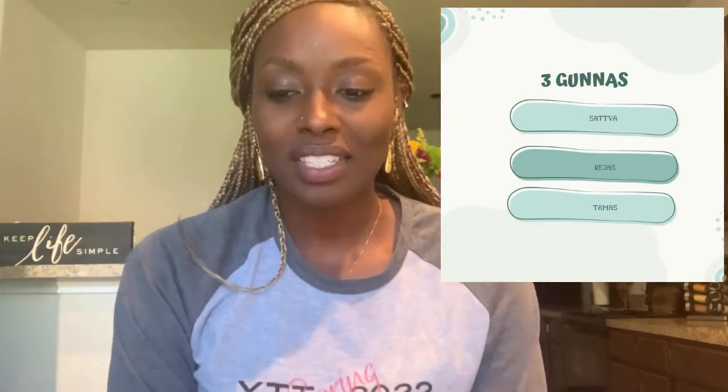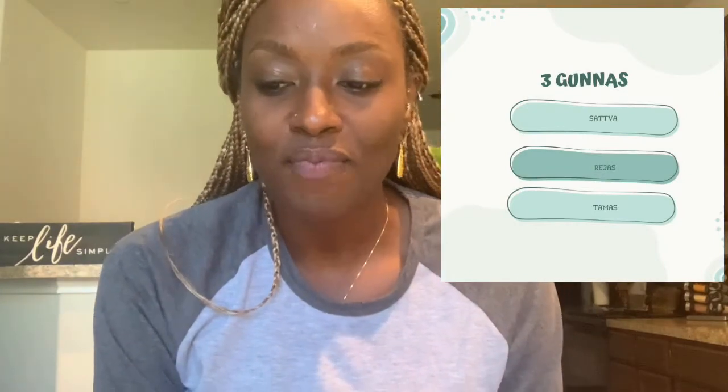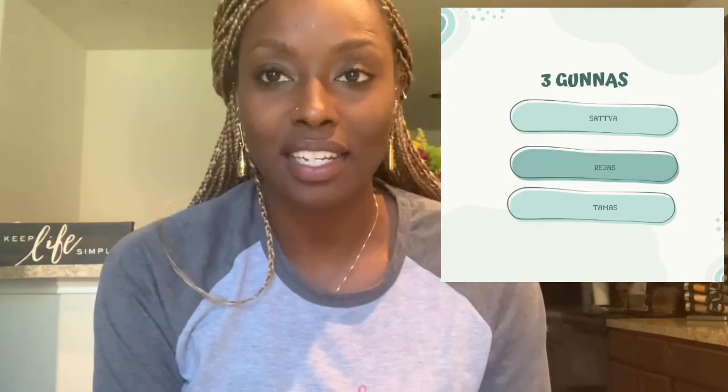And then finally, we have the final concept, which is the gunas. The gunas are sattva, tamas, and rajas. On this next graphic, I'm going to show you how these three concepts kind of flow together. At the top, sattva flows into space, fire, and water.